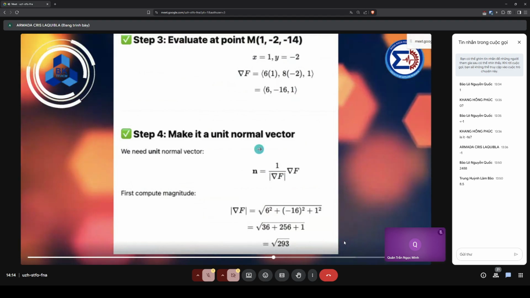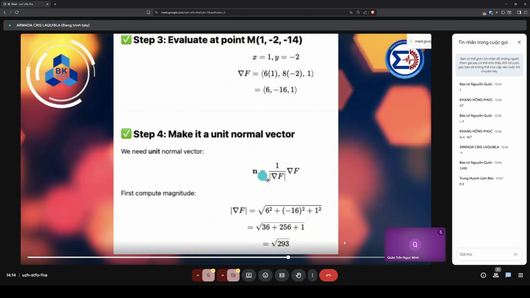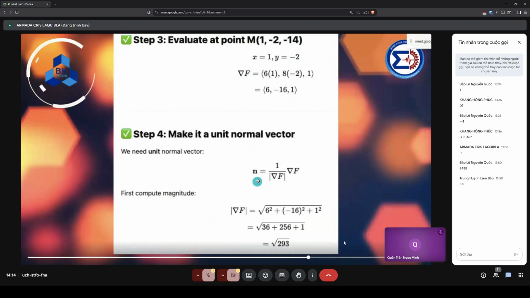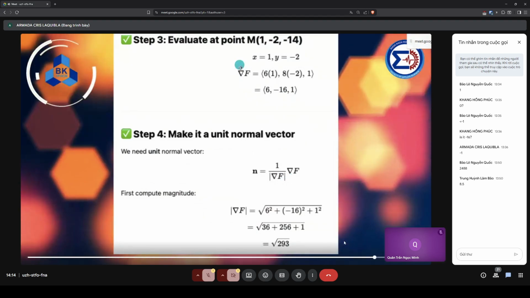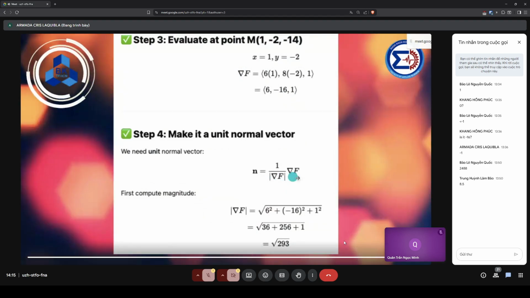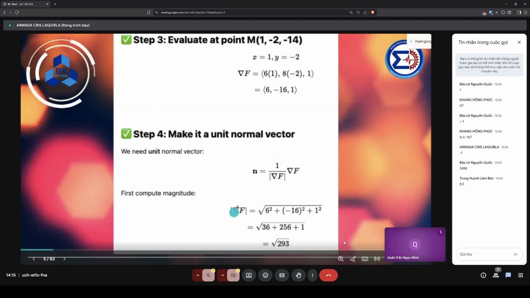Now to get the unit normal vector, as I have told you, the unit normal vector is the unit vector of your del f. And we have this one: 1 over the absolute value of your del f times your del f.